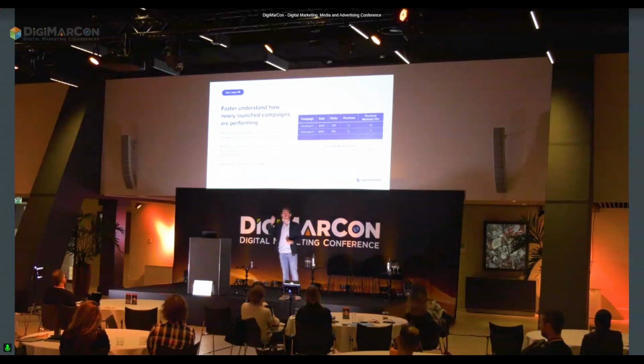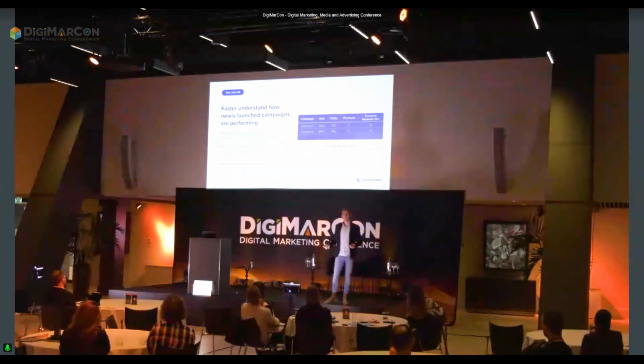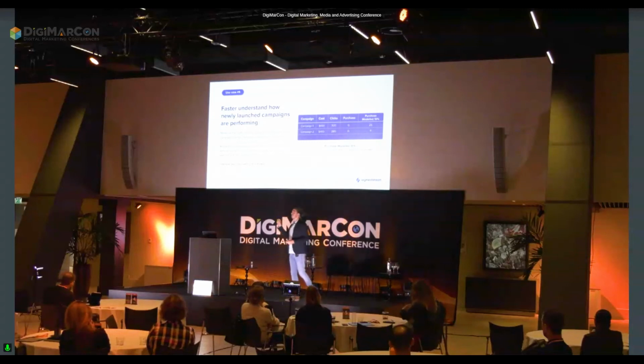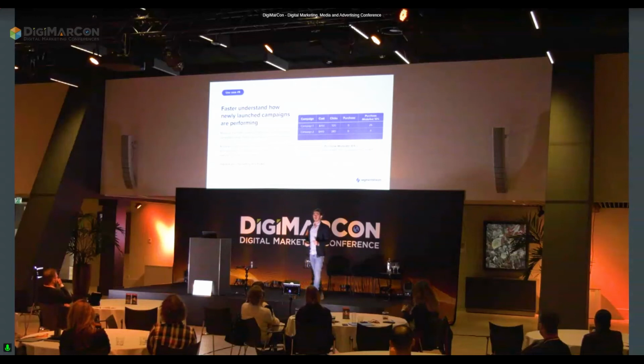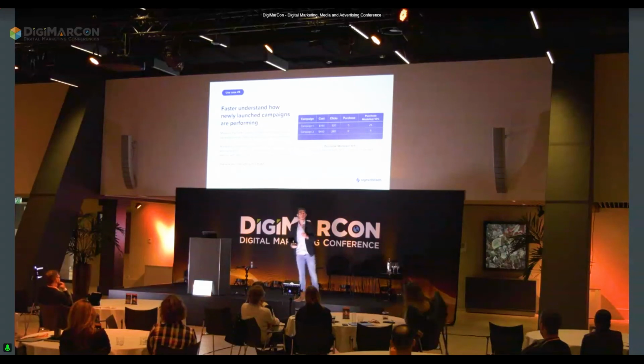But we have to wait for a conversion to happen to understand if that's quality or not. What we can do with model conversions is give the day-to-day marketer a real-time understanding of the 1,000 or 100,000 clicks that they've driven: how many of those were quality, based on the design that we've set?